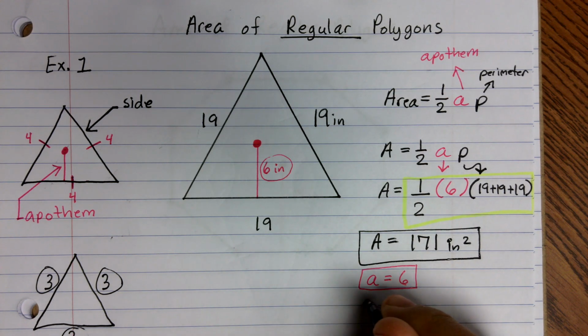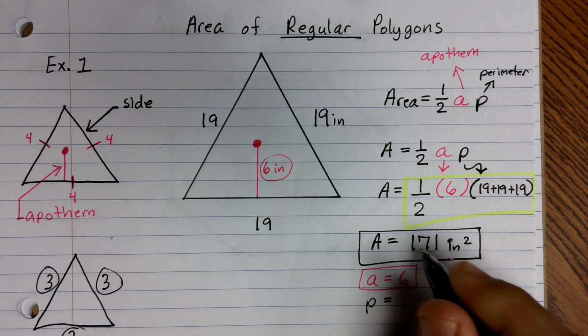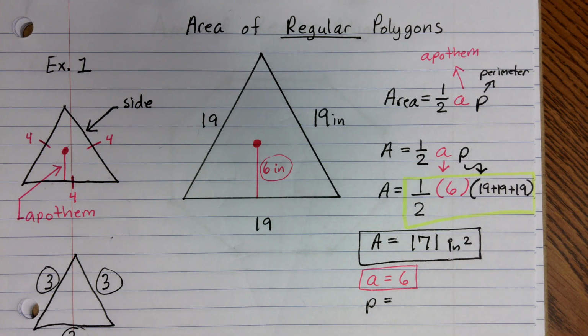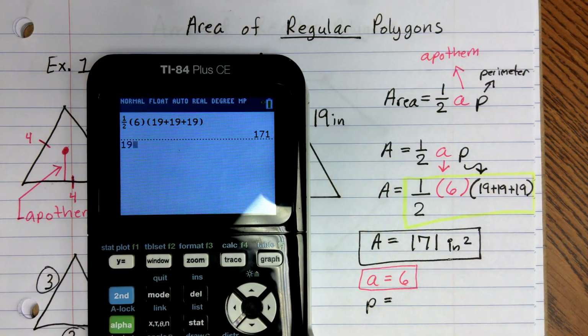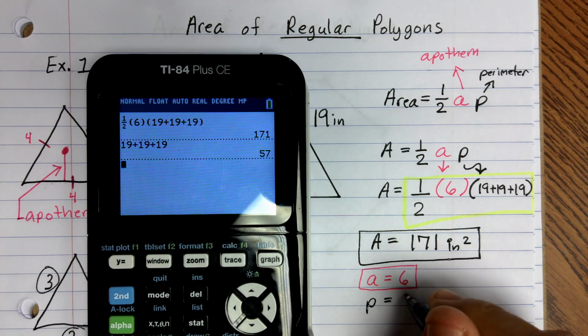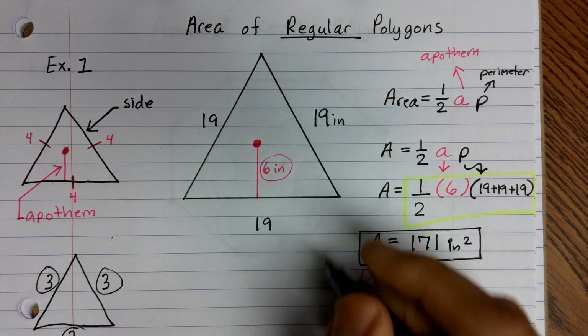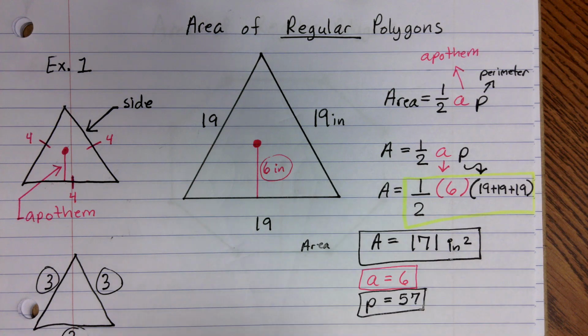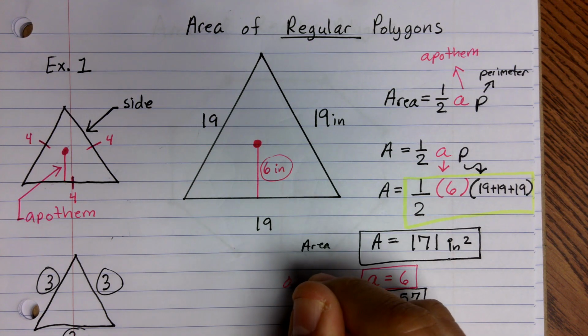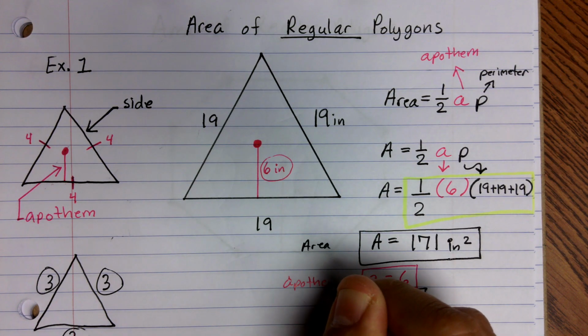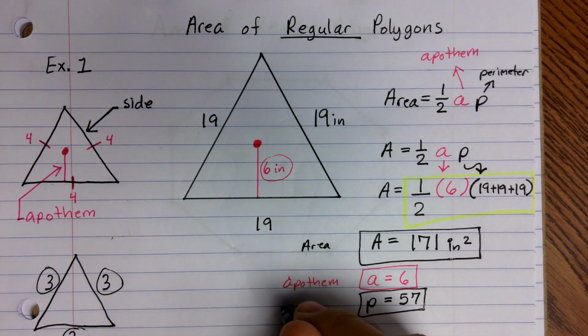If they ask for the perimeter, which some of y'all's work is having you break this up into 3 parts, the perimeter is simply going to be 19 plus 19 plus 19, and that gives me 57. So once again, this is the area, this is the apothem, and this is the perimeter.